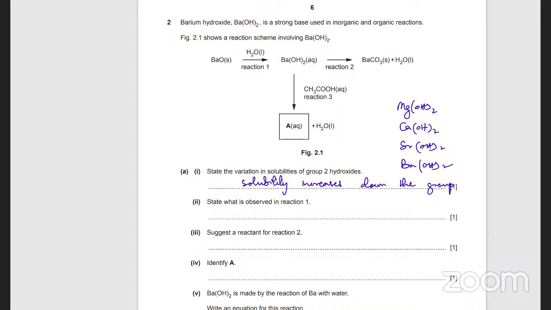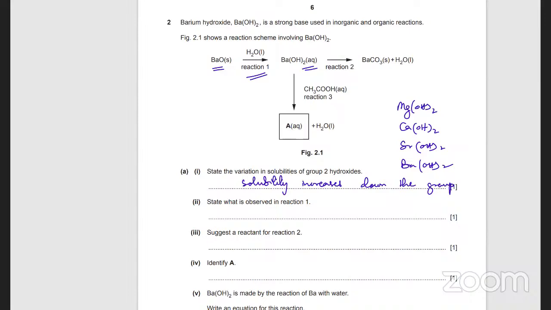So what is observed in reaction number one? It's pretty obvious. What would you observe? Reaction 1, H2O.